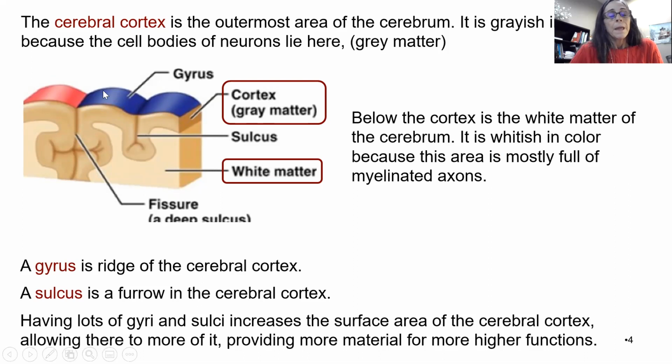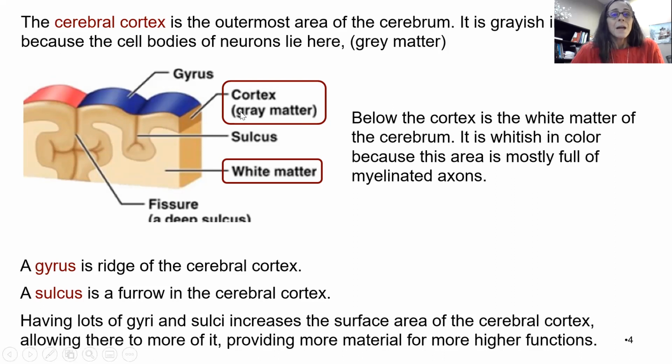Now the outermost portion of the cerebrum is all cortex, just like bark of a tree. That's what it is, the bark of the tree, but this is the bark of the cerebrum. It's called cortex. And the cortex is made up of only gray matter. We'll get to gray matter in a second. And if you remember from lecture, gray matter is unmyelinated neurons.